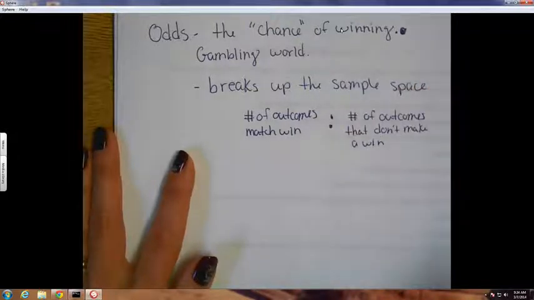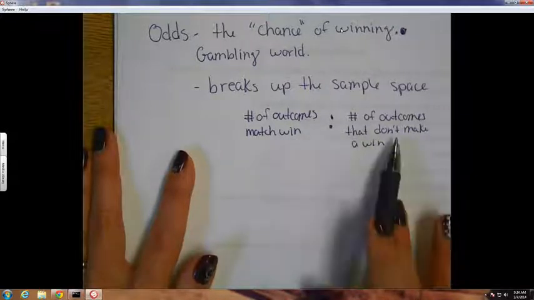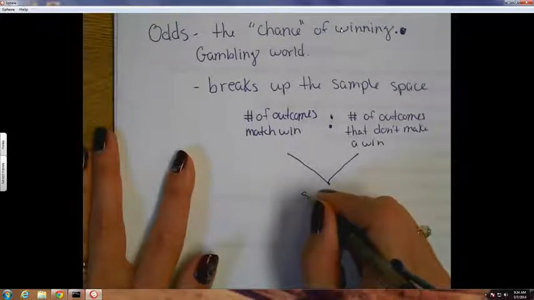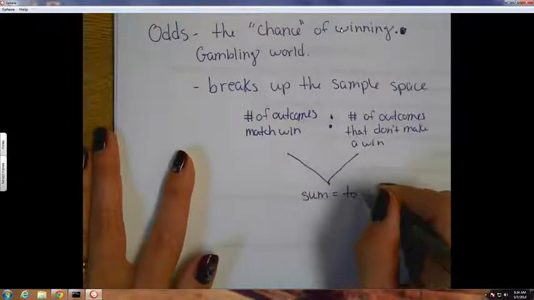So then if I was to add these 2 numbers together, the sum equals the total sample space.